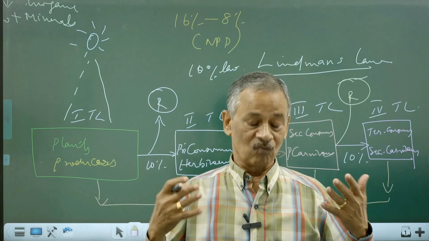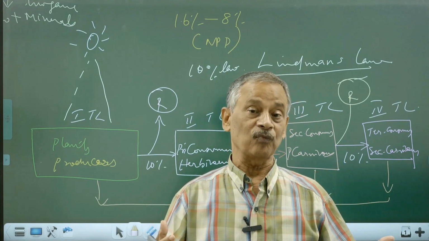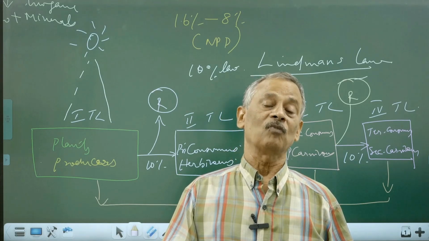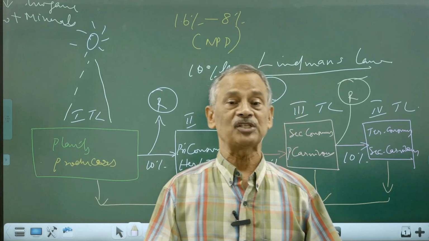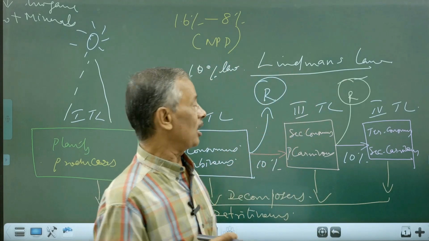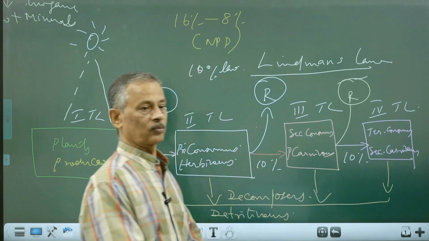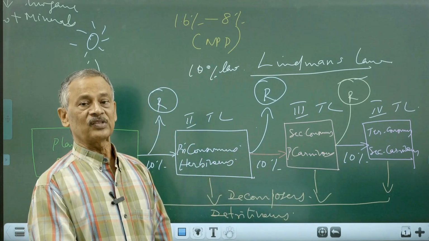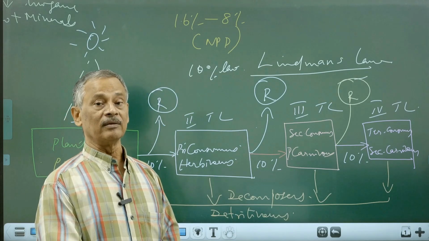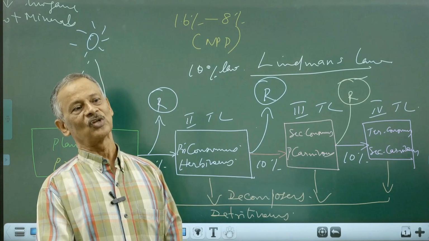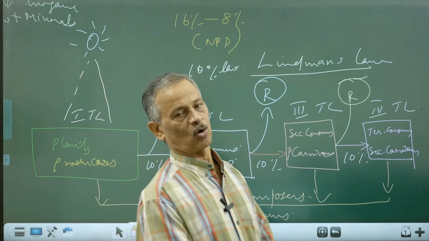What type of population, what number of members in that population, and how much should be their biomass are all controlled by energy flow. There's a relation between the energy, the number and biomass of organisms in each trophic level.